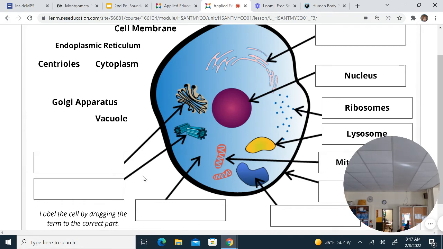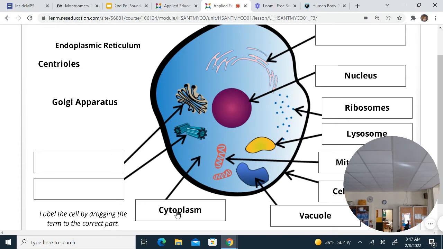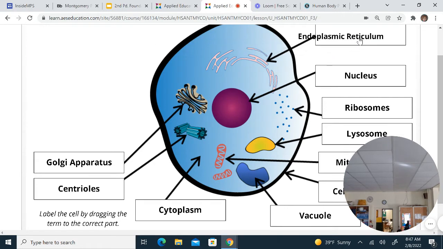What's this? Black. Vacuole. What about this? Blue. And then ER, reticulum.